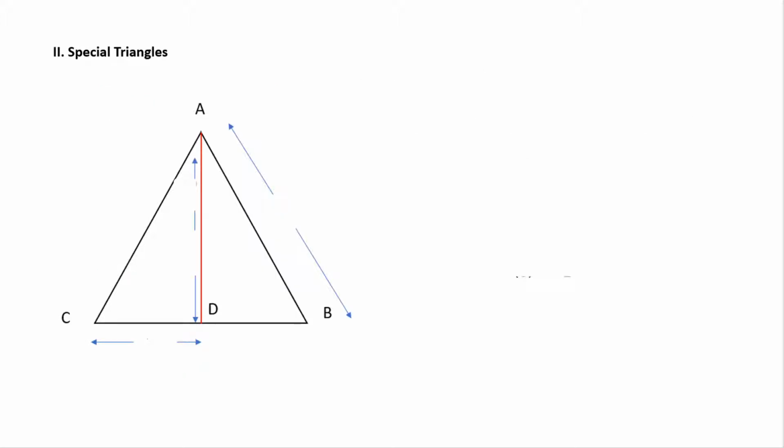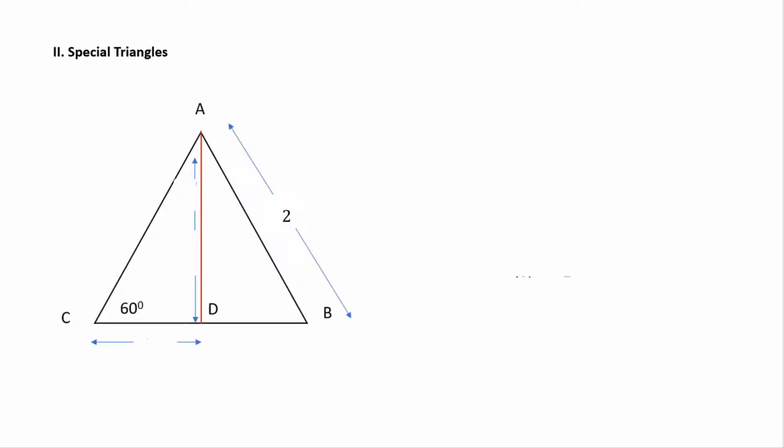For the other special triangle, we consider the equilateral triangle with sides of length 2. Because it is equilateral, the triangle is also equiangular, meaning all three interior angles are 60 degrees. By the way, I could have chosen any length for the sides, but chose 2 to simplify computation.